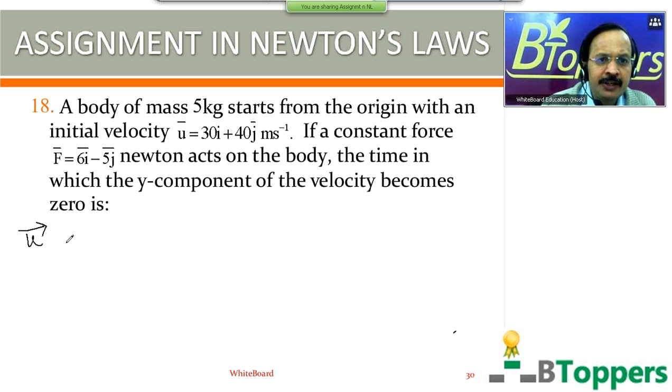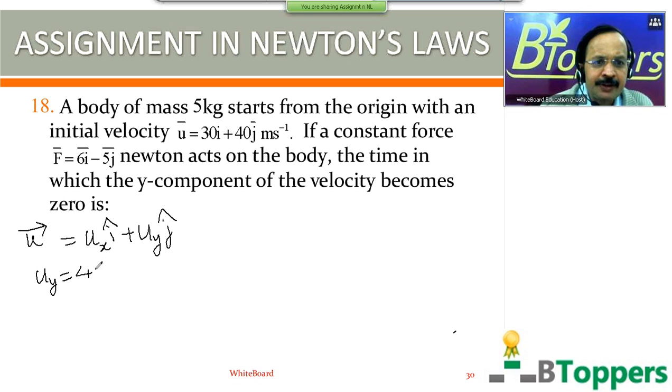For a body moving in the xy plane, the initial velocity in vector form you can write u bar equal to ux i cap plus uy j cap. So by comparing the given equation with this equation, you can observe that the x component of initial velocity is 30 meter per second. The y component of initial velocity is 40 meter per second.